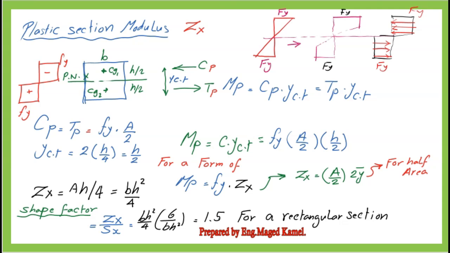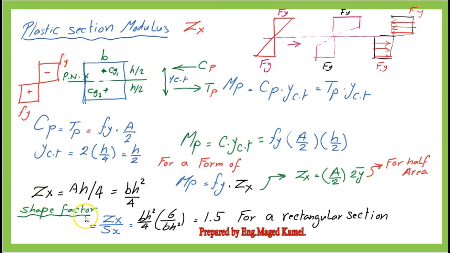This y bar is the distance measured from the CG of the upper area to the plastic neutral axis. So 2 y bar equals 2h over 4, equal to h over 2. In the case of a rectangle, the plastic section modulus Z sub x equals b multiplied by h squared divided by 4. What is the shape factor?